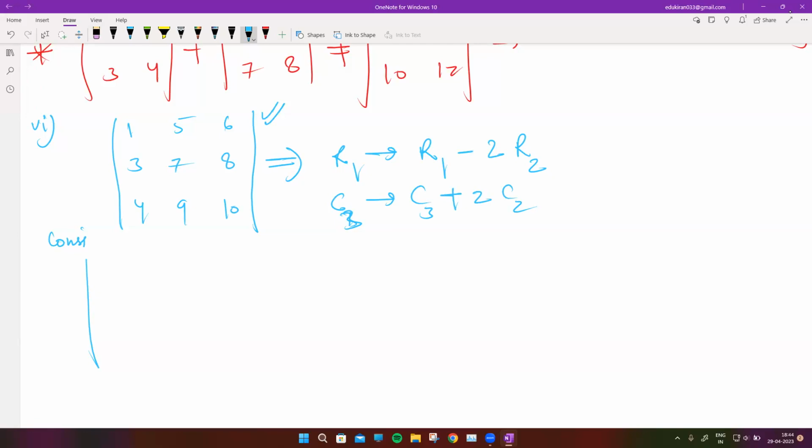Sorry, Showers, you're not audible. You have to find the value of this determinant. You can use any method if you are asking which method you need to use.